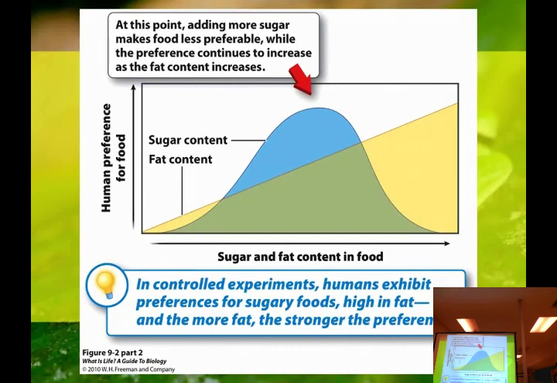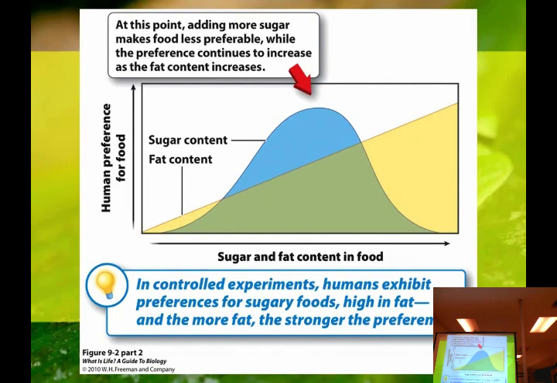So if you've ever been like, ooh, this food is too sweet, sometimes that sickeningly sweet flavor, there is a certain amount of preference for food versus the sugar and fat content in food, where it crosses, where it's the perfect amount of sugar, the perfect amount of fat, and you could just eat and eat and eat that.